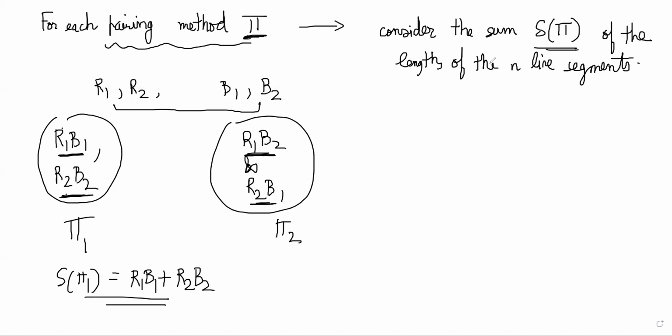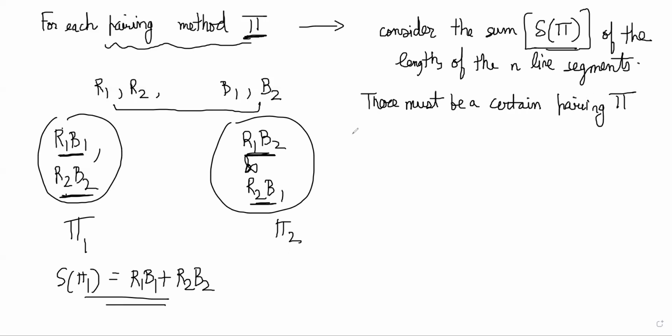So what we are saying is, there must be a certain pairing pi which minimizes S pi. Why?